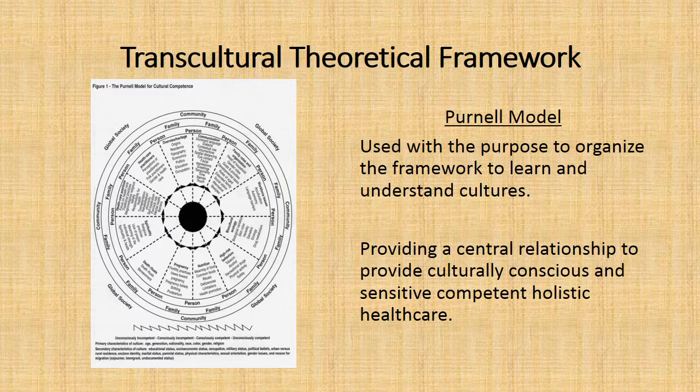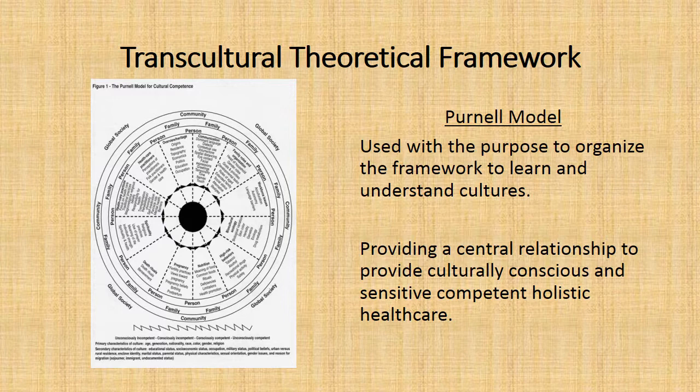If we look underneath the circle, there's that sawtooth line, and below that are the stages of competence. There are different levels you can be at. You can be unconsciously incompetent, where you're not really aware that you're lacking awareness of another culture. We can be consciously incompetent, where you're aware that you're lacking knowledge, but you're not doing anything.